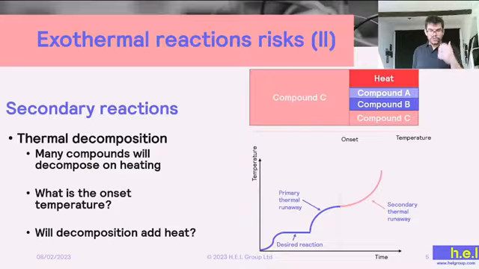And to predict this, the onset temperature is a very important parameter, and the onset temperature is the temperature at which our decomposition reaction is going to accelerate, and we are going to be able to detect it. And also we need to investigate if our decomposition reaction is going to add heat to the system, even worsening our situation.